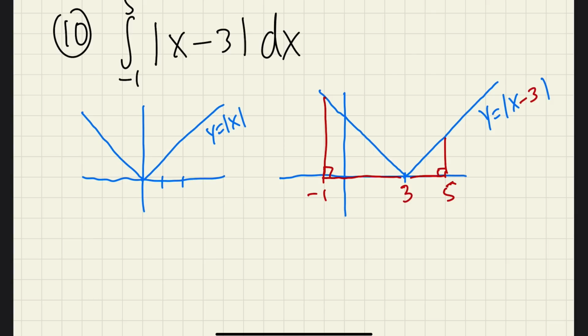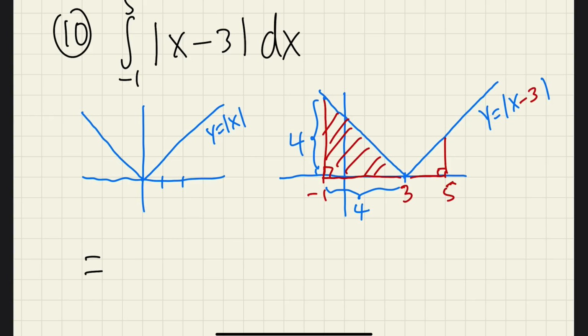So from -1 to 3, the whole distance here is 4. I'm just going to label it like this. And then at -1, to get the y value, you can plug into the function. You'll get 4.